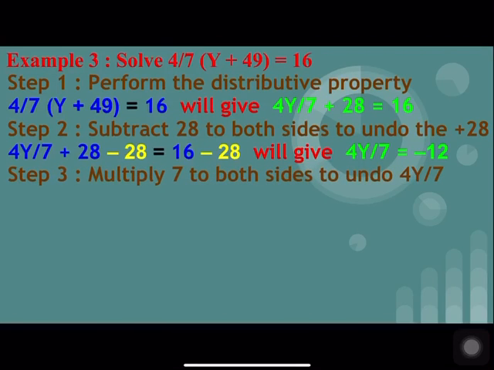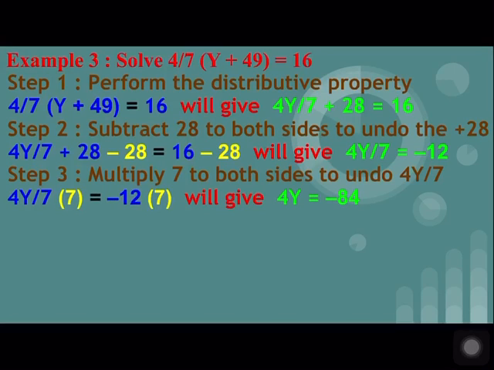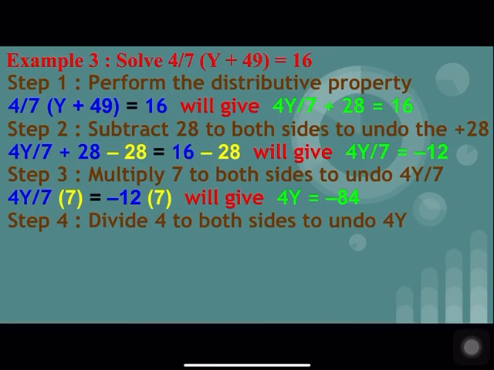Then the third step is to multiply both sides by 7 to undo the division, because 4y over 7 also means 4y divided by 7. So we have 4y divided by 7 times 7, which will give us 4y. And negative 12 times 7 will give us negative 84.